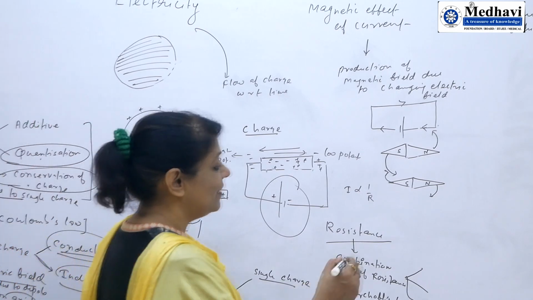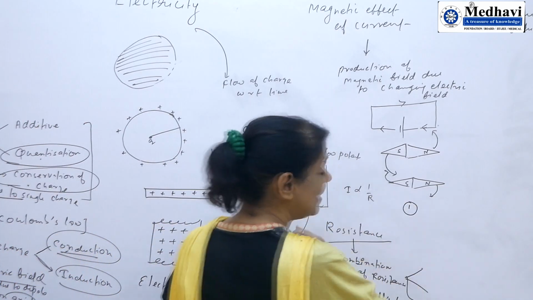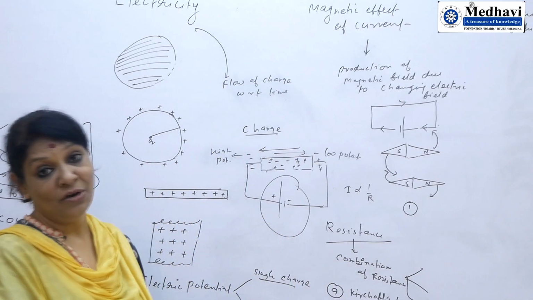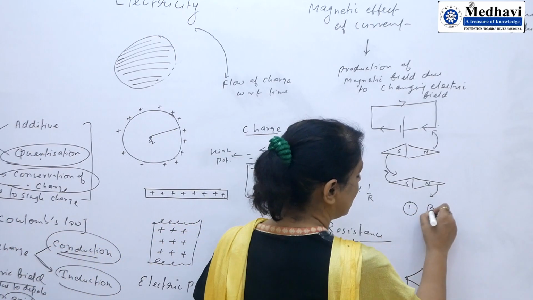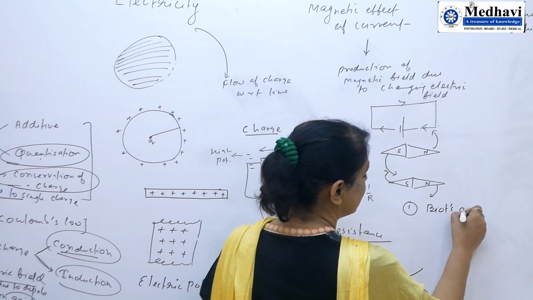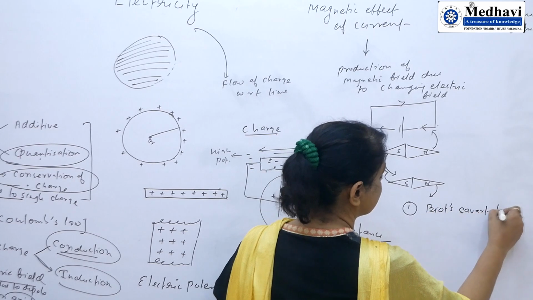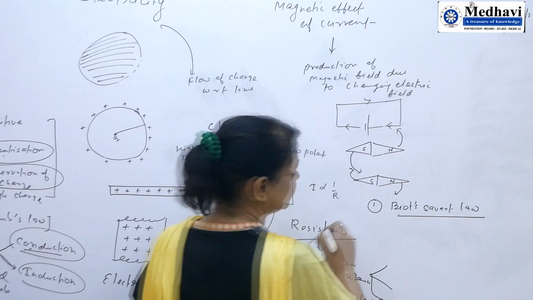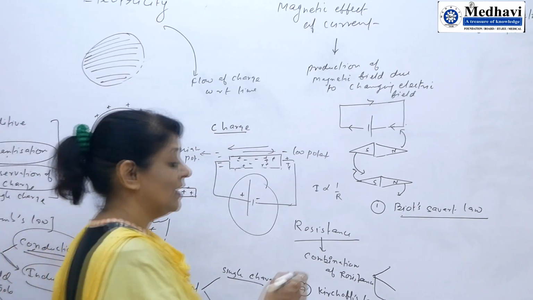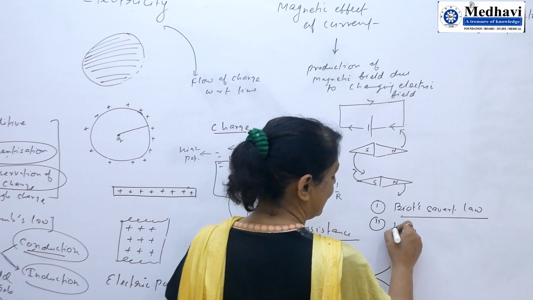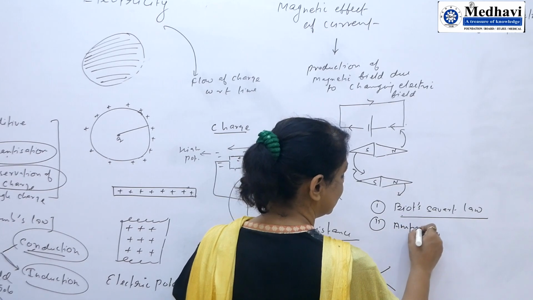After that, here what is the magnetic field produced? What is the magnetic force? For this we use Biot-Savart's law. Very important. There are some important laws that we need to focus on. Ampere's circuital law. Very important.